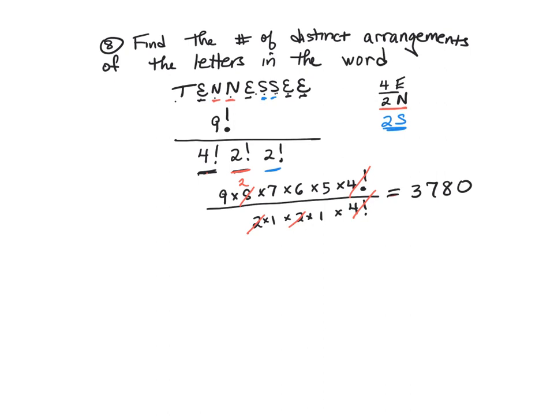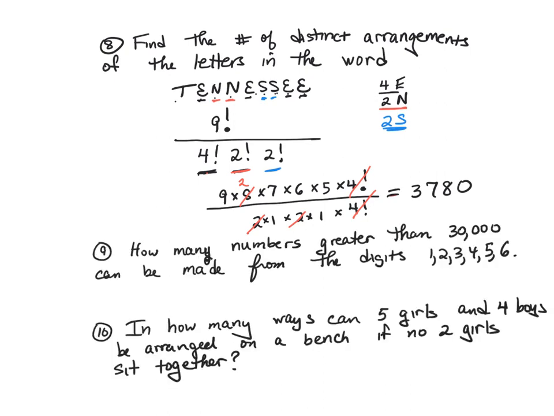So that takes care of permutations with repetition and without repetition. And then, of course, we have the permutation problems that have certain restrictions or conditions. Let's take a look at one. These next 2 problems are permutations with restrictions.